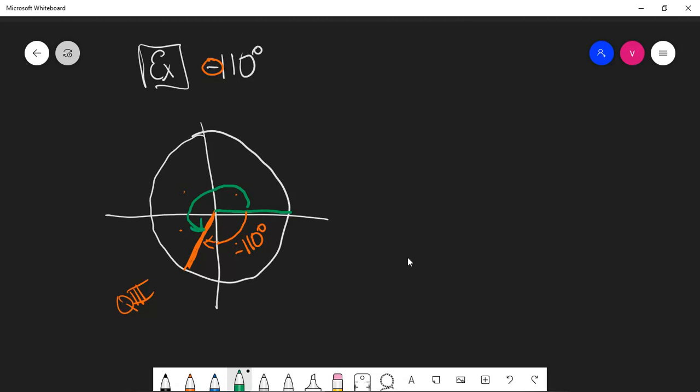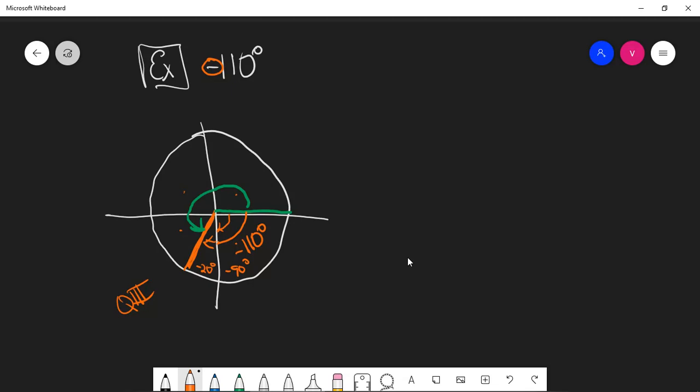Well, how far is that? Remember, from here to here is 90. Right? From here to here is negative 90. And then you went another 20 here. Those two add up to negative 110, right? So you're 20 degrees into this quadrant here in quadrant 3.